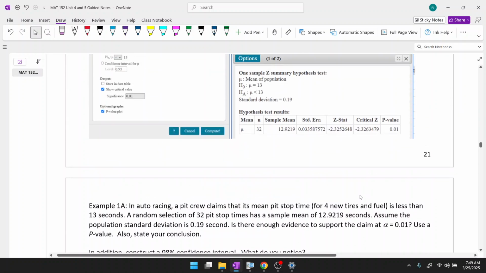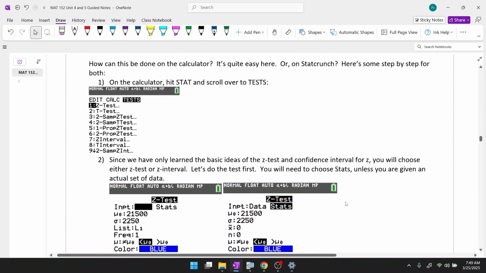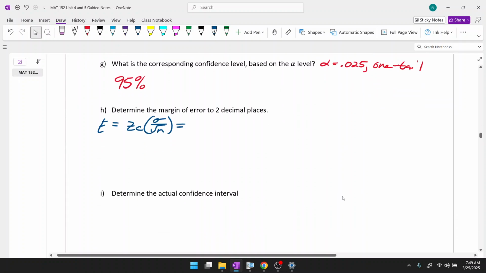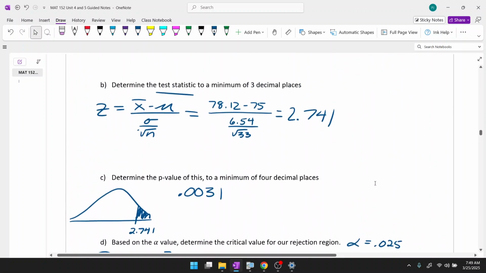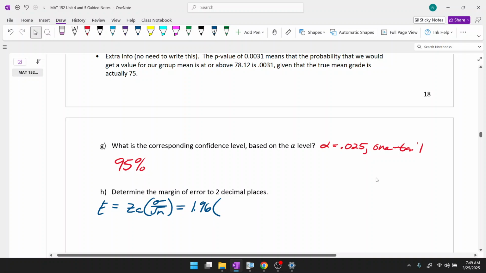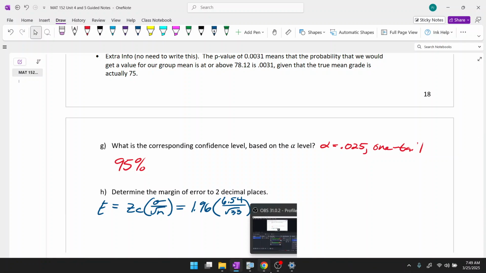I kind of lost my spot here. So you'd have 1.96 times 6.54 over the square root of 33, rounding to 2 decimal places.